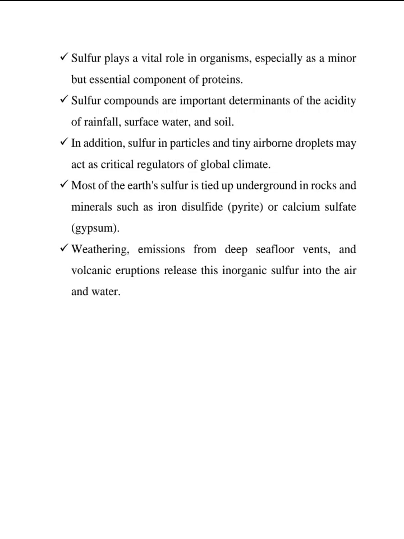Most of the Earth's sulfur is tied up underground in rocks and minerals such as iron disulfide or calcium sulfate. Weathering, emissions from deep seafloor vents, and volcanic eruptions release the inorganic sulfur into the air and water.